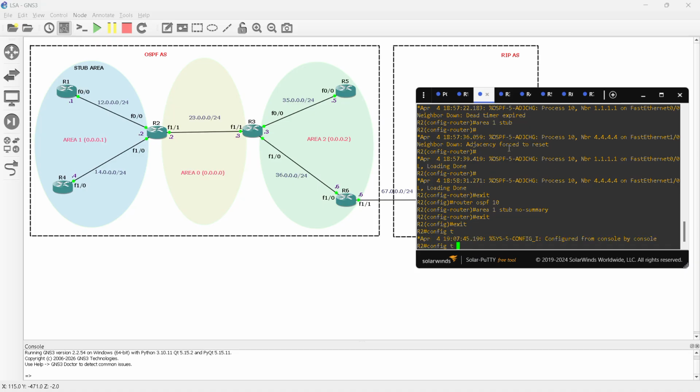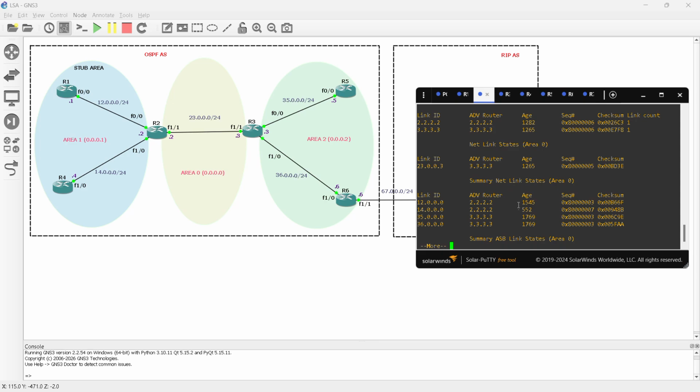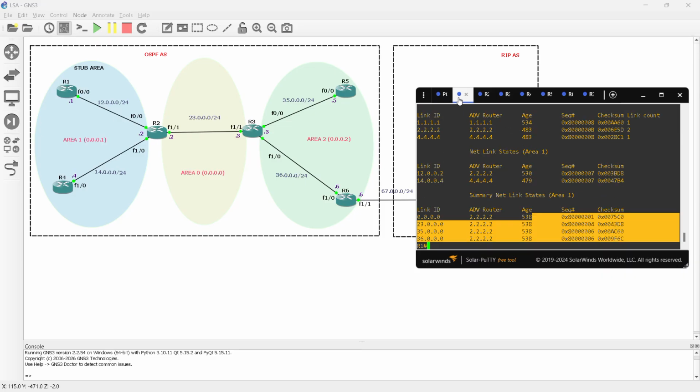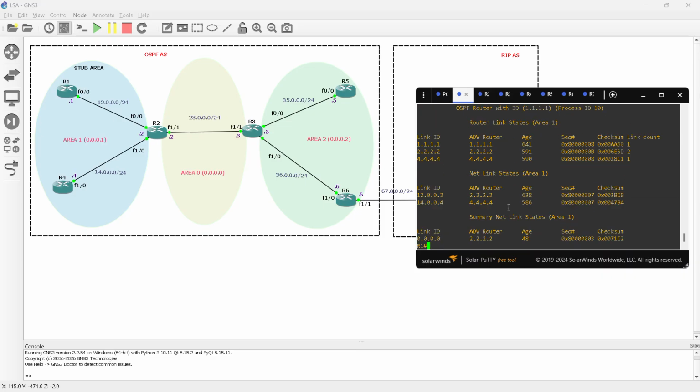We'll say show ip ospf database to check this on R1. Okay, so as you can see here, we are only left with our default route.